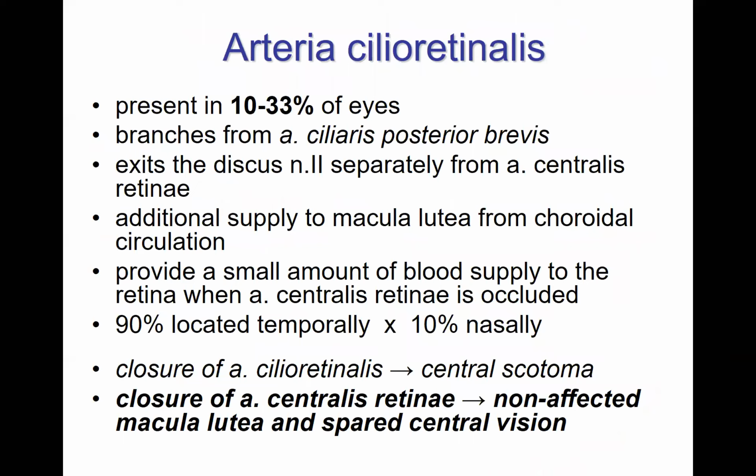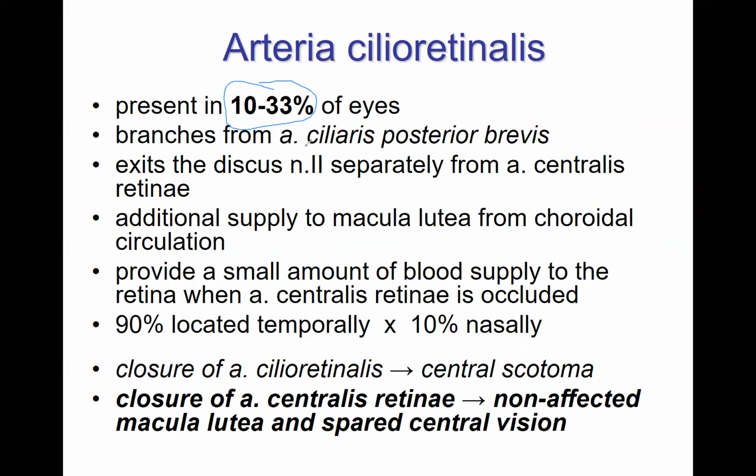Okay, from the anatomical and clinical point of view, there's one important variant. It's called cilioretinal artery. Okay, what you should know. It's present in 1/5 to 1/4 of patients. Yeah?